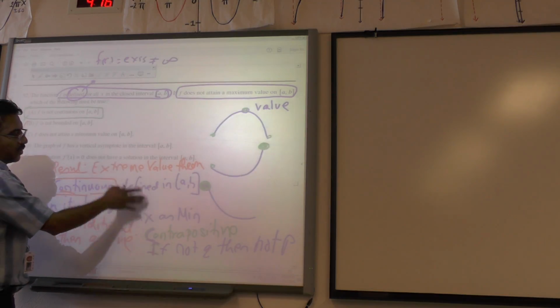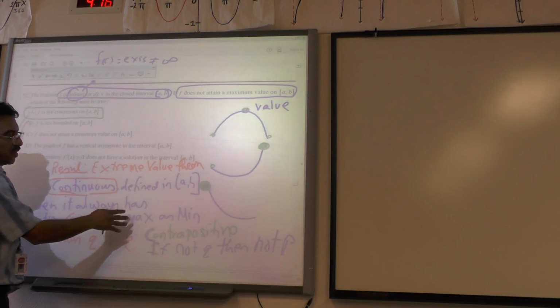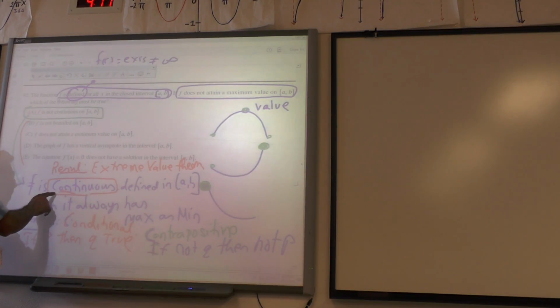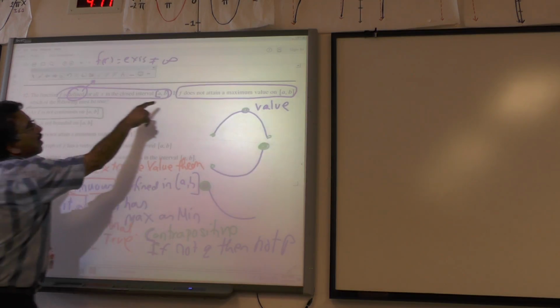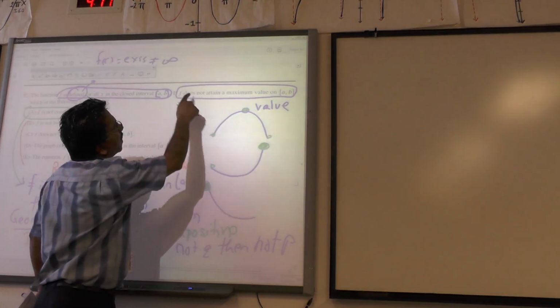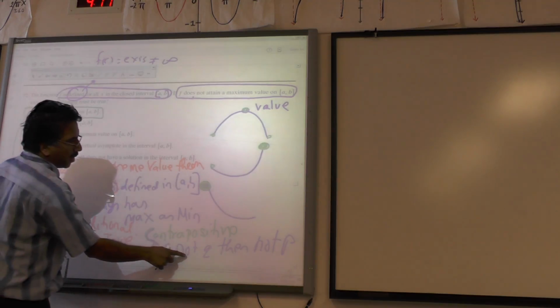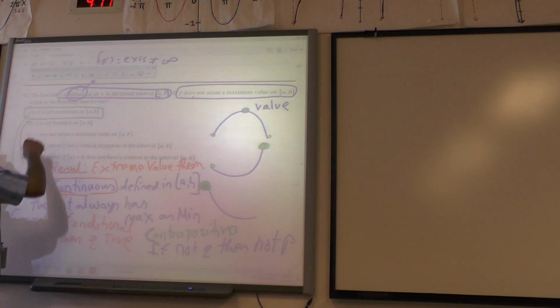Continuity lets you say 100% it has a maximum and minimum, but if you say it does not have a maximum or minimum, it means it is discontinuous, or not continuous. So f is not continuous. That's what I'm trying to say. So if it does not attain a maximum, which is the conditional, then you can say it is not continuous.